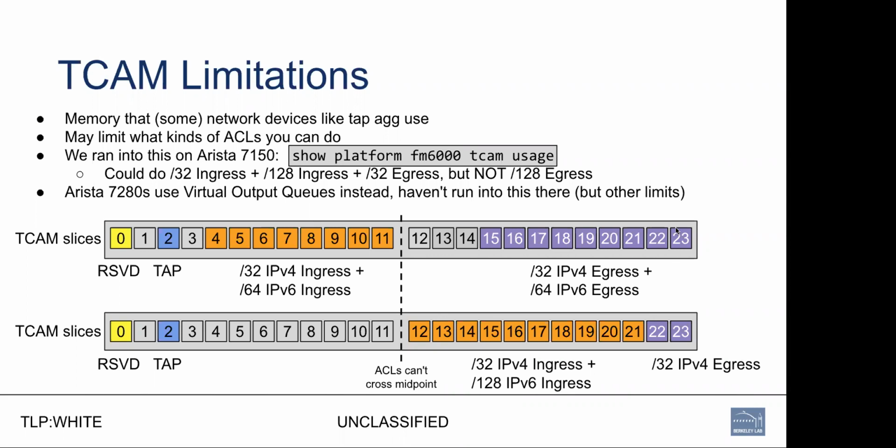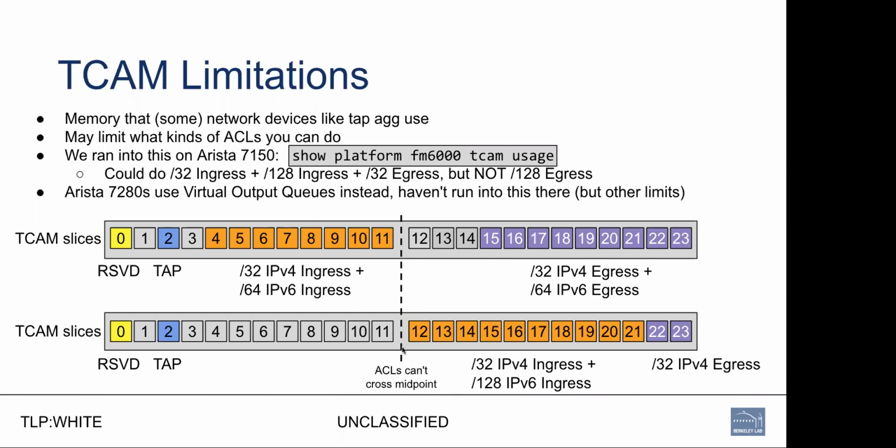Basically what it came down to was the TCAM is arranged in slices on that switch, and it reserves some slices at the beginning for system purposes and capping. But to do a full length host specific IPv6 ACL, like a /128, required too many slices that were available in that first half, because there was also this limitation where you couldn't have an ACL cross the midpoint of your TCAM.